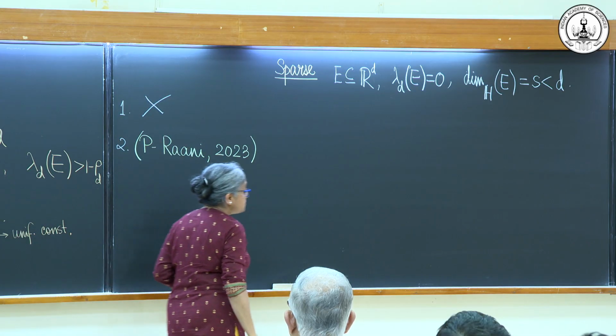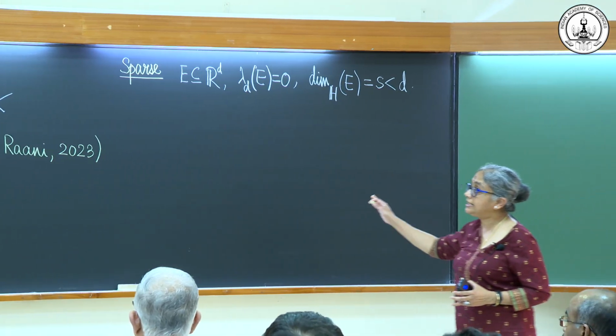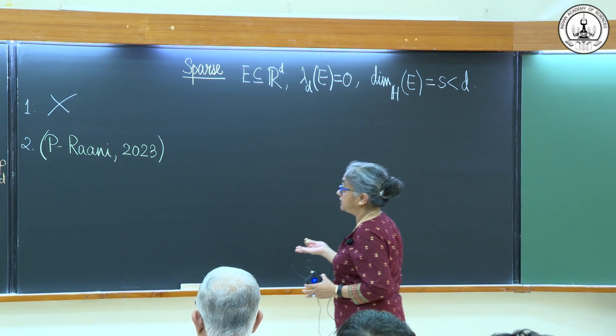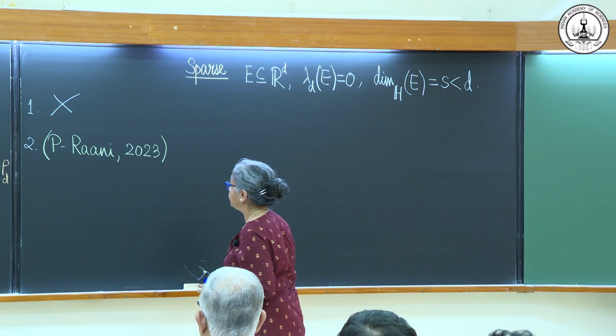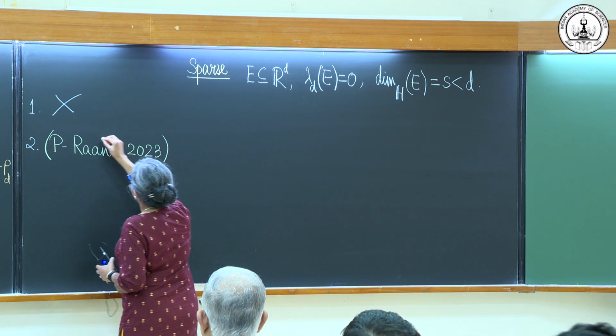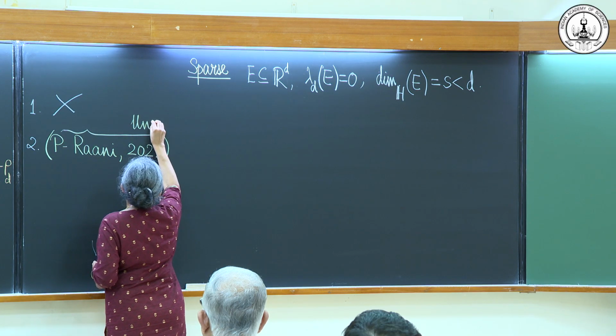Okay. So I want to write down first what this sparse version is, why it falls in category 2, and then what are all the different other things that it implies. Okay. So we call this a uniform Steinhaus-like theorem.